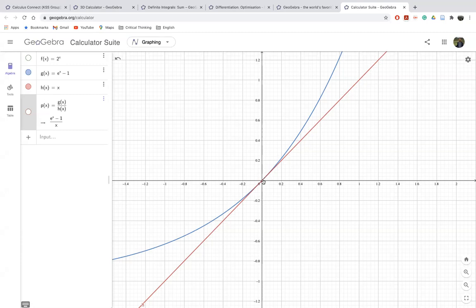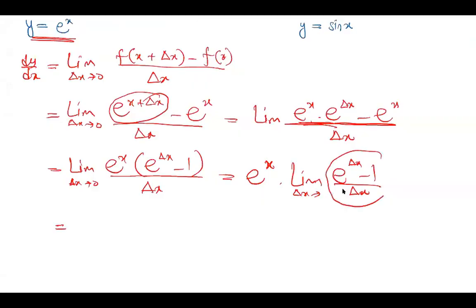So near 0, don't look at 0, there's no need to see at 0, but near 0 the functions are somehow equal. That means this is going to be equal to 1. So e to the power x, and once you apply the limit here, this will be 1. And that is equal to e to the power x. That means the derivative of e to the power x is e to the power x itself.